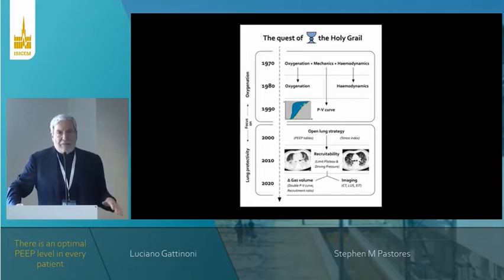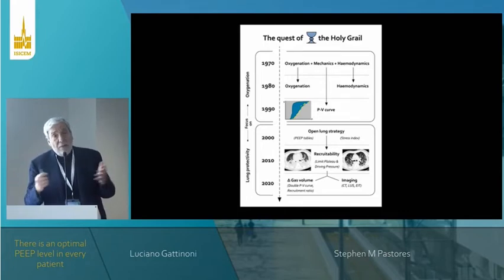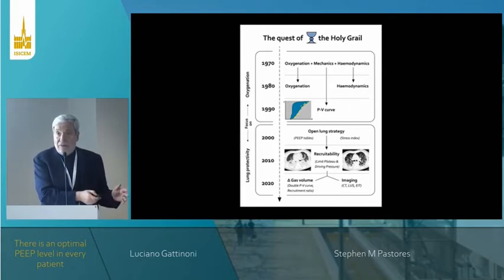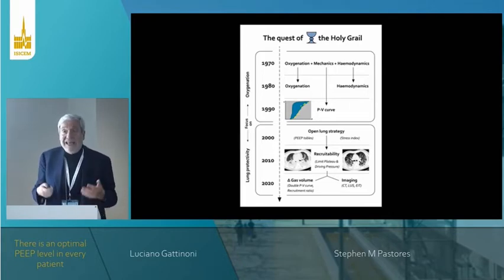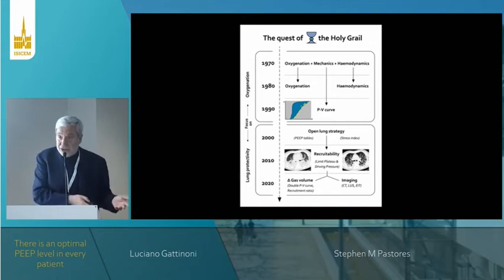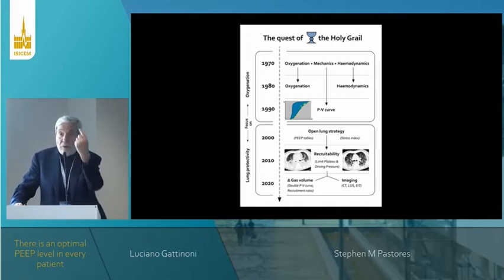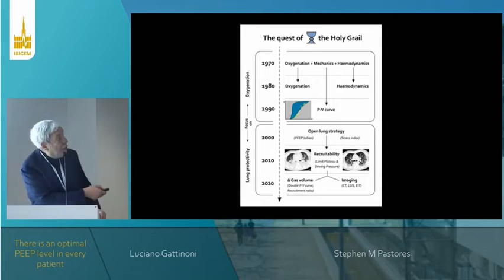And you increase the pressure, and the pressure was 20, 25, and of course, nobody was taking care of hemodynamics. Then Dantzker started to say, no, wait a second. If I have 1 liter of blood flow, it is easier to oxygenate than 5 liters of blood flow. Any time you decrease the cardiac output, the PO2 goes up. But everybody was looking at oxygenation.